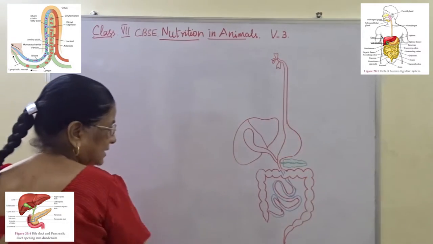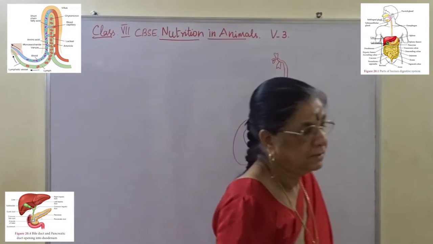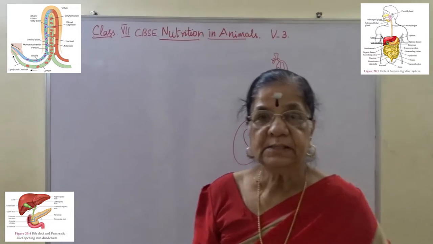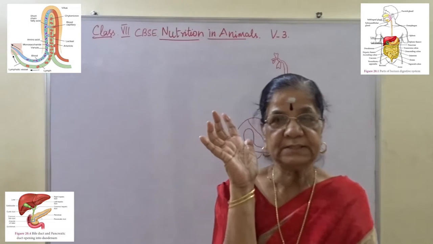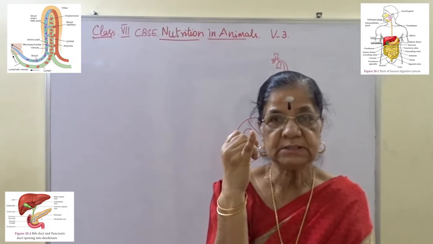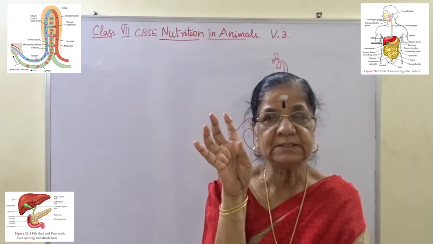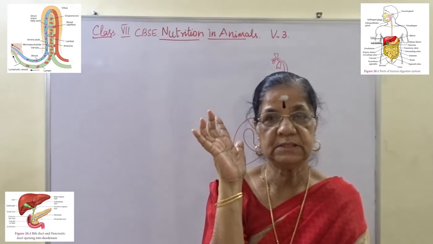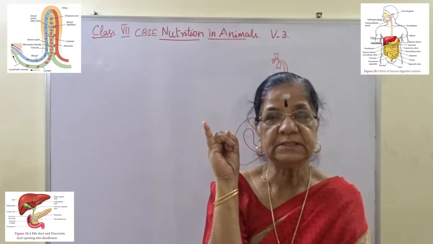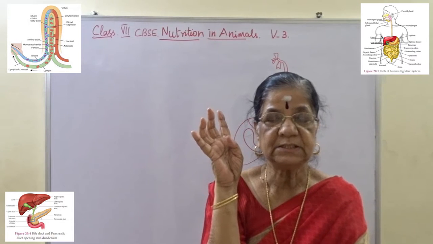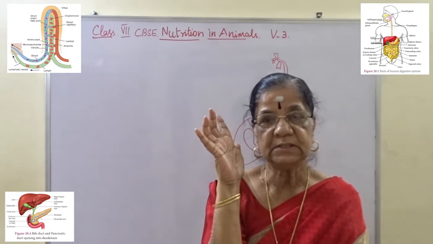with the alimentary canal, again in human, the process of digestion takes place in 5 steps: ingestion, digestion, absorption, assimilation and egestion. I repeat, ingestion, digestion, absorption, assimilation and egestion.